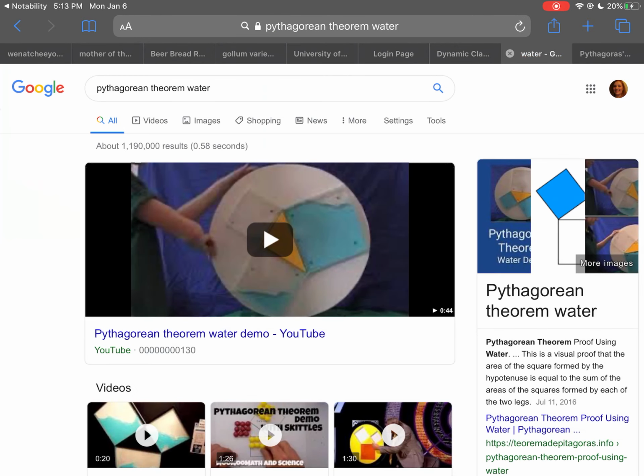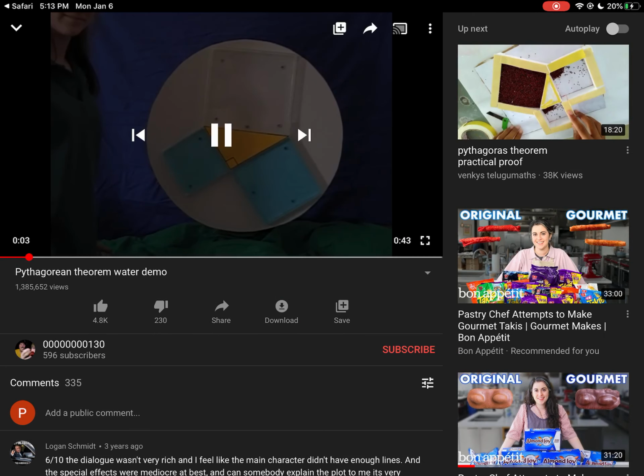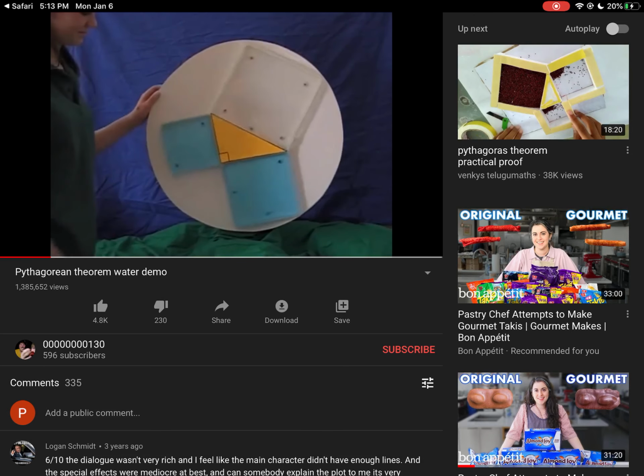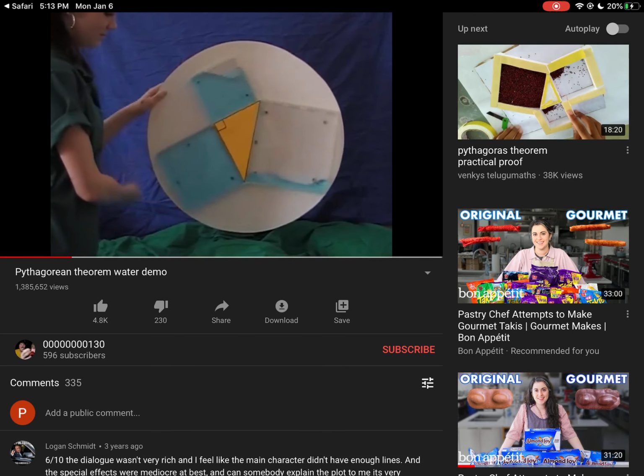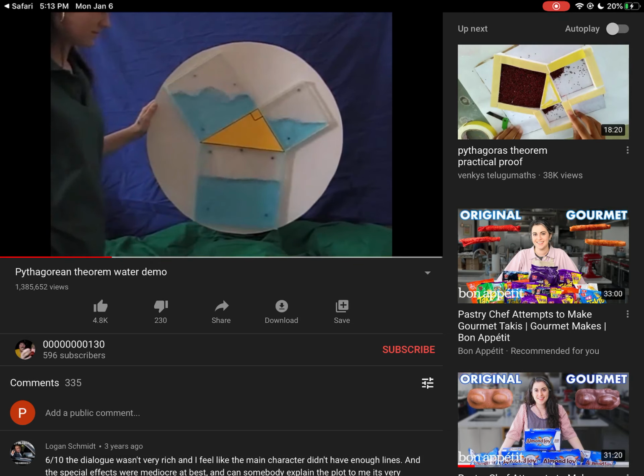My favorite demonstration of the Pythagorean theorem is actually this water demo. So here we have, actually I'll just let them play it. Okay, so if you've got squares A and B, the area of square A and B is equal to the area of square C. So that's C squared, and let her turn it over.